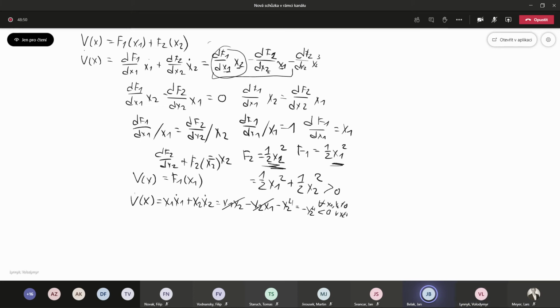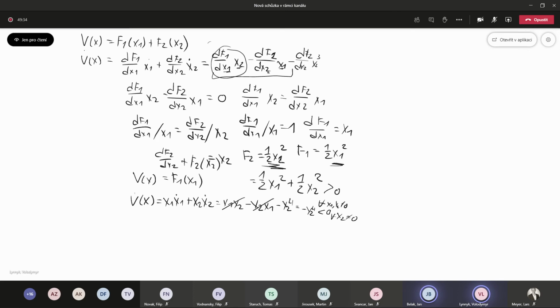Not x1, sorry, I meant only x2. Then from this we only know that it's stable, but we don't know if it's asymptotically stable because of the x1, and we need to find the stability from the principle, I forgot the name. LaSalle principle. Yes, you're right. This system is globally stable. And now we can apply the LaSalle principle.